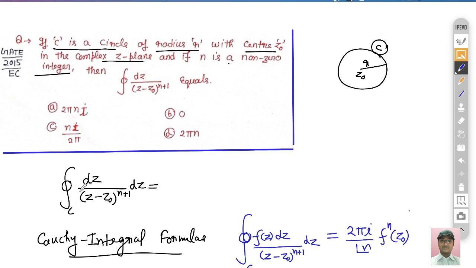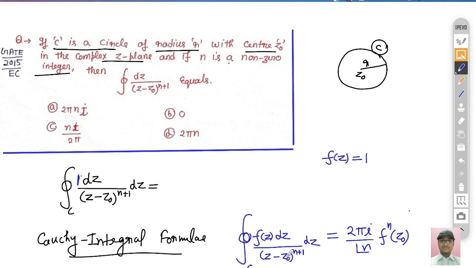Now you just compare it. What about f(z)? If you compare with this problem, you can observe that f(z) here is 1. Just see here, f(z) is given as 1, which means it's a constant value, right? What about z naught? Z naught is z naught, no problem, the rest of the values are the same.